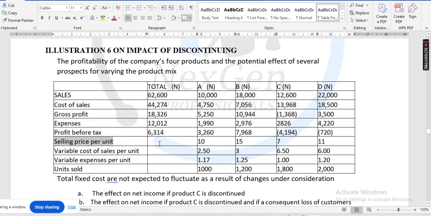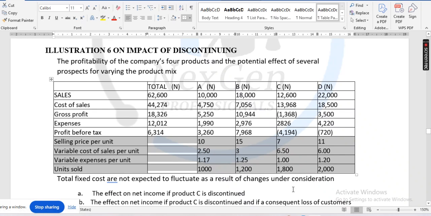Then we're given the selling price and variable cost of sales per unit, variable expenses per unit, and the units sold for each of the products. Total fixed costs are not expected to fluctuate as a result of changes under contribution.